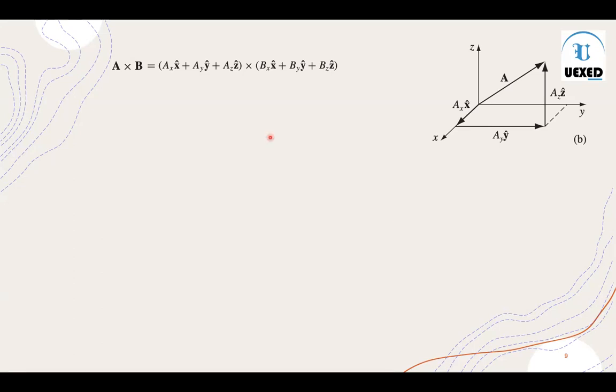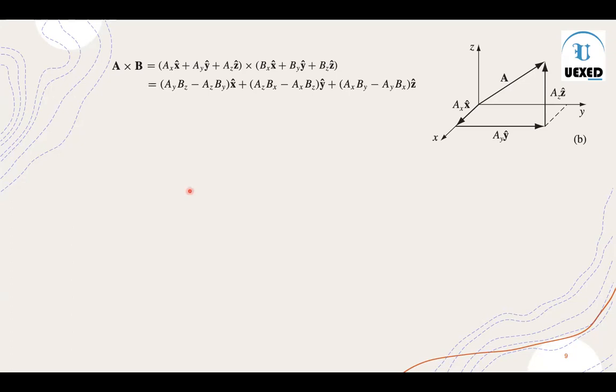To write this, you have this vector A cross the B vector in component form, and now we're going to use the formula which we just discussed. x cross x is going to be 0, y cross y is 0, z cross z is 0. However, x cross y is z cap. Similarly, x cross z is going to be minus y, etc.